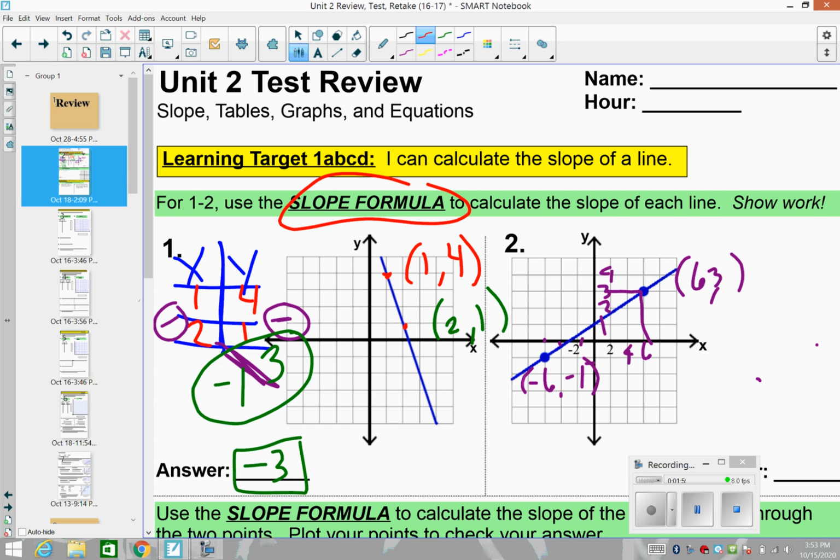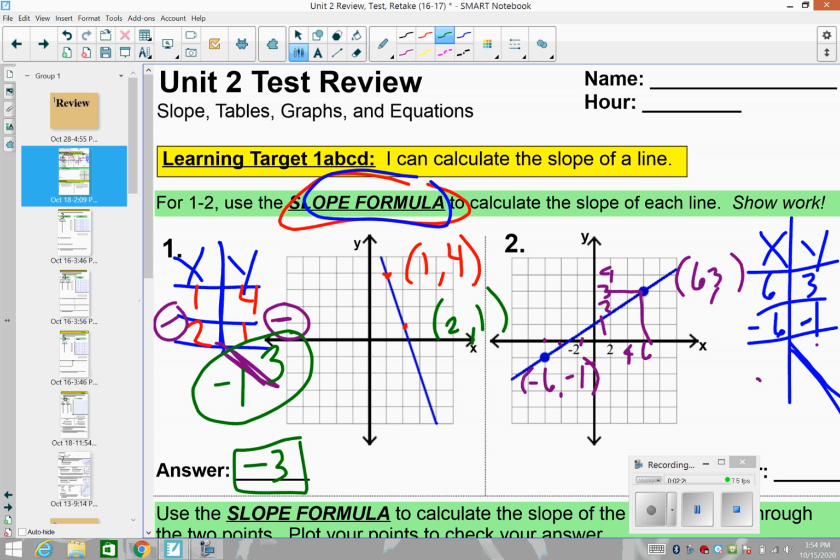So I'm going to make sure that I'm following the same learning target. Use the slope formula. Even though the graphs are there, that's what the target says. So we're going to plug those data points 6, 3 and -6, -1 into the table here. We're still going to find the change in y's divided by the change in x's.